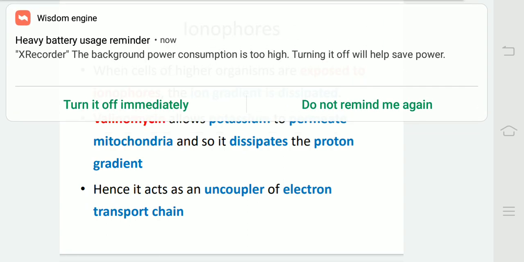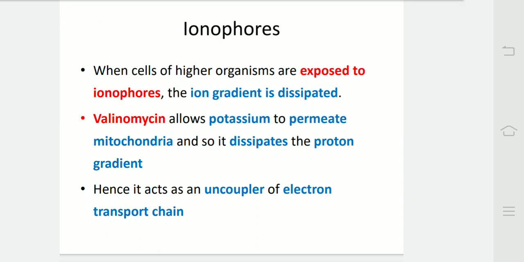When cells of higher organisms are exposed to ionophores, the ion gradient is dissipated. Valinomycin allows potassium to permeate mitochondria and so it dissipates the proton gradient. Hence, it acts as an uncoupler of electron transport chain.